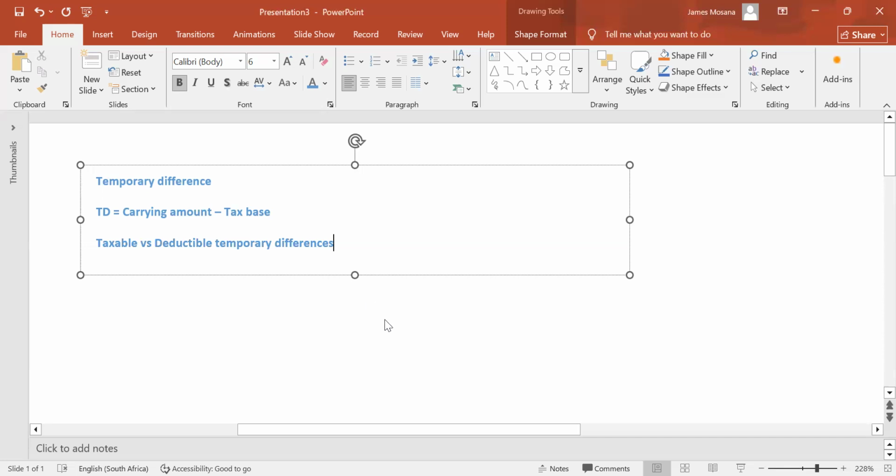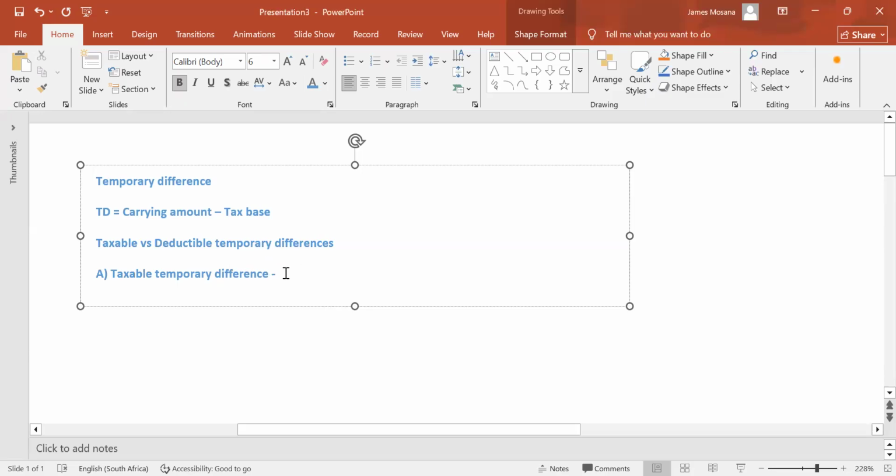Remember, there are two types of taxes, which is the current tax and the deferred tax. So everything falls in those two, which is not an issue. But now, I firstly want to elaborate, let me label it A, on the taxable temporary difference.